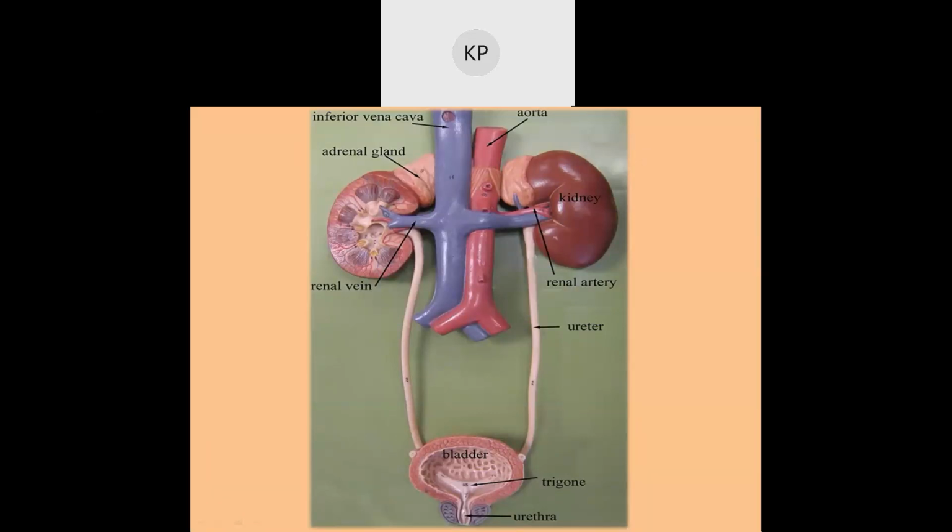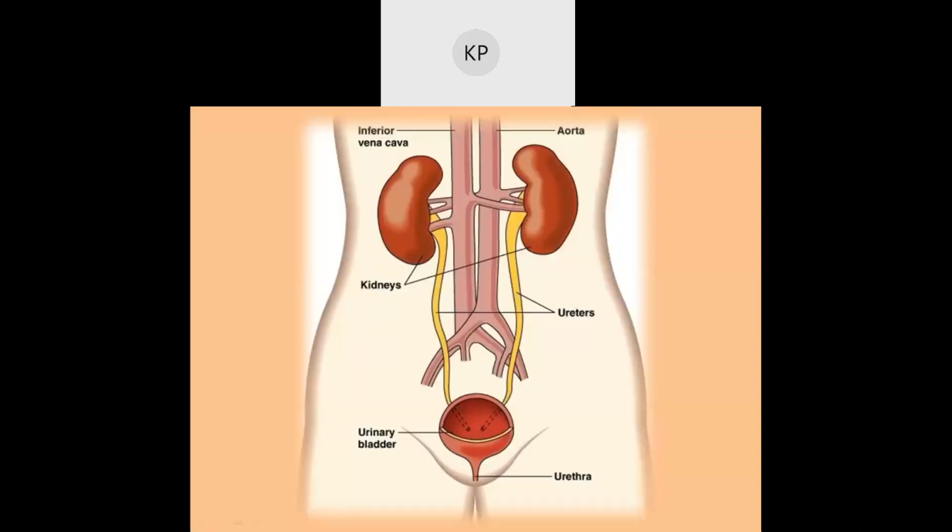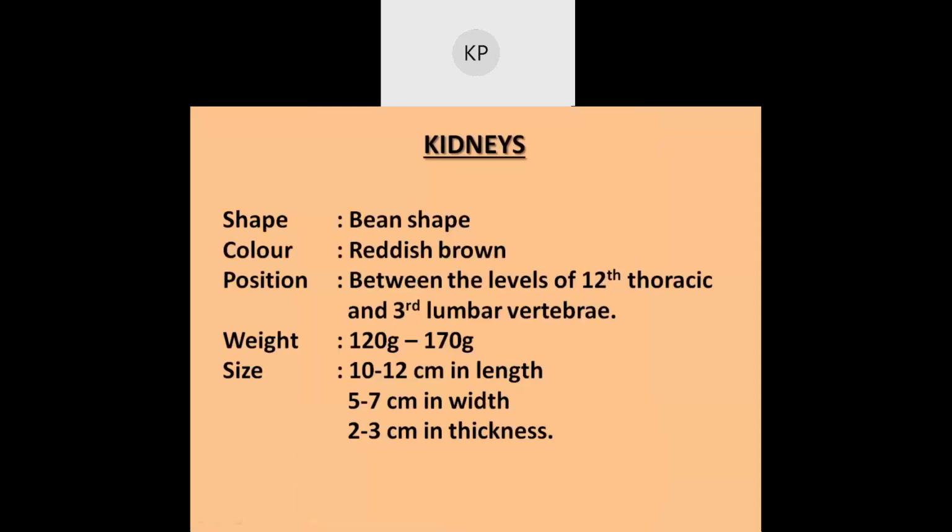This is a cross-section and external view of our excretory system. Here, these are kidneys, and these are the ureters. This is urinary bladder, and this is the urethra.